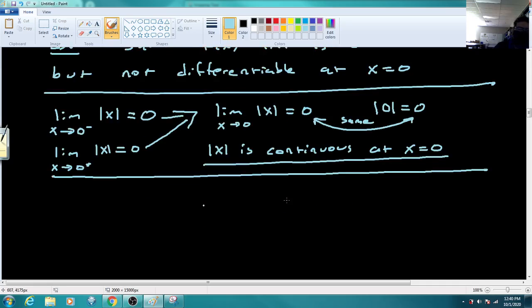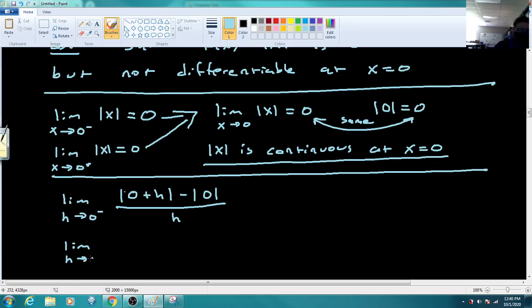we'll look at the limit of the difference quotient. So what's the limit as h approaches 0 from the left of absolute value of 0 plus h minus absolute value of 0, all over h? And what's the limit as h approaches 0 from the right of absolute value of 0 plus h minus absolute value of 0, all over h?